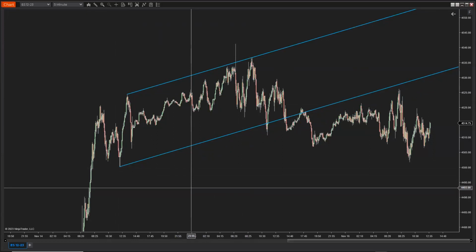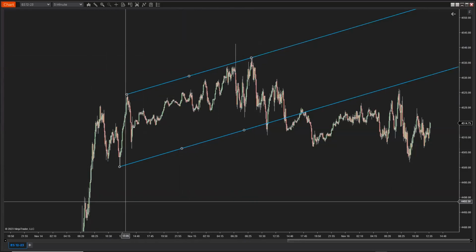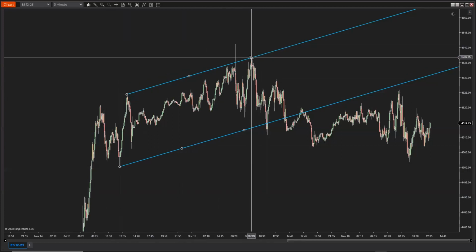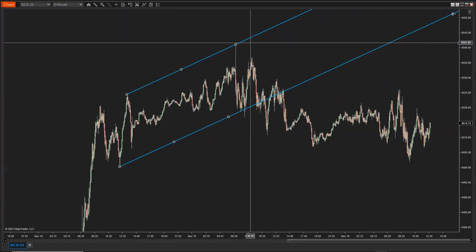If you've used a trend channel before, this is kind of the gut reaction trend channel that you would draw. You would either draw it, if you go from high to high and then draw back to a low, you would either use this high here, or you would use the highest high.